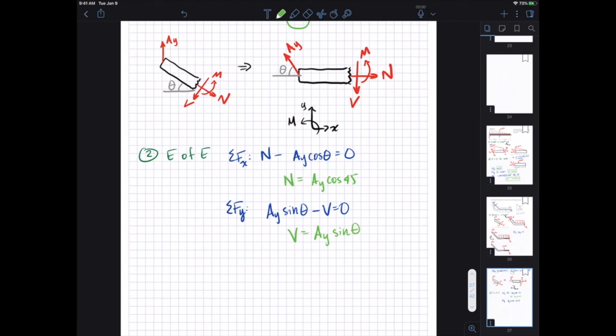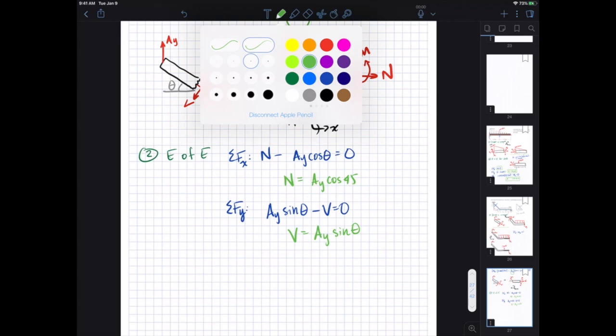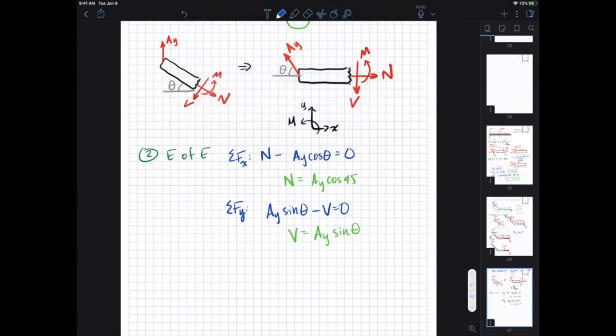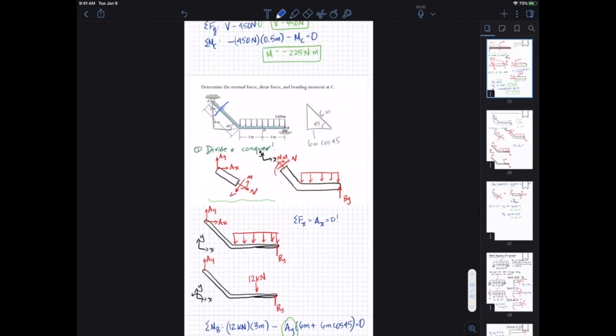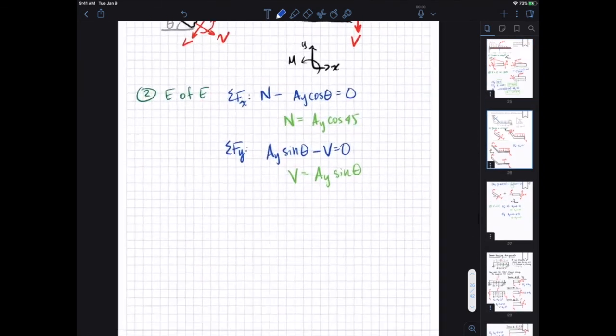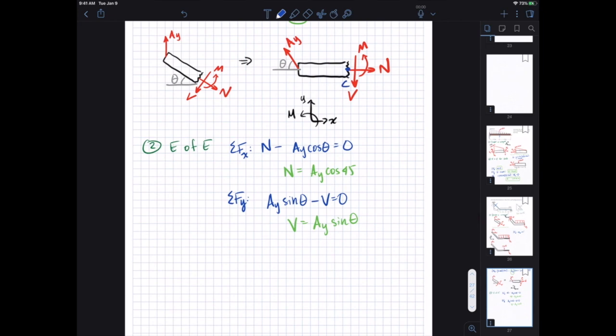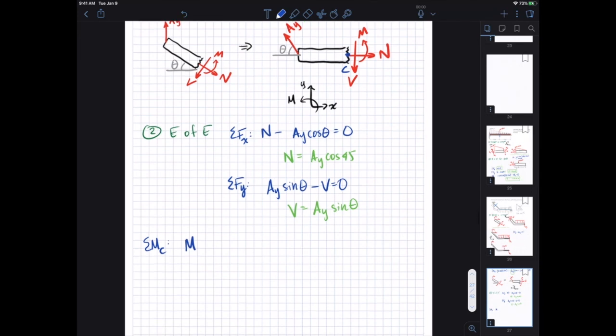Theta is given. And then finally, again, we'll take our sum of moments about point C. I think that's the point given in the problem. Let's go back and check. Yep. So here, convenient spot because then shear and N don't go into the equation, right? We just have to deal with the M and then minus the components. But of course, only the vertical component is going to contribute to the moment for AY.